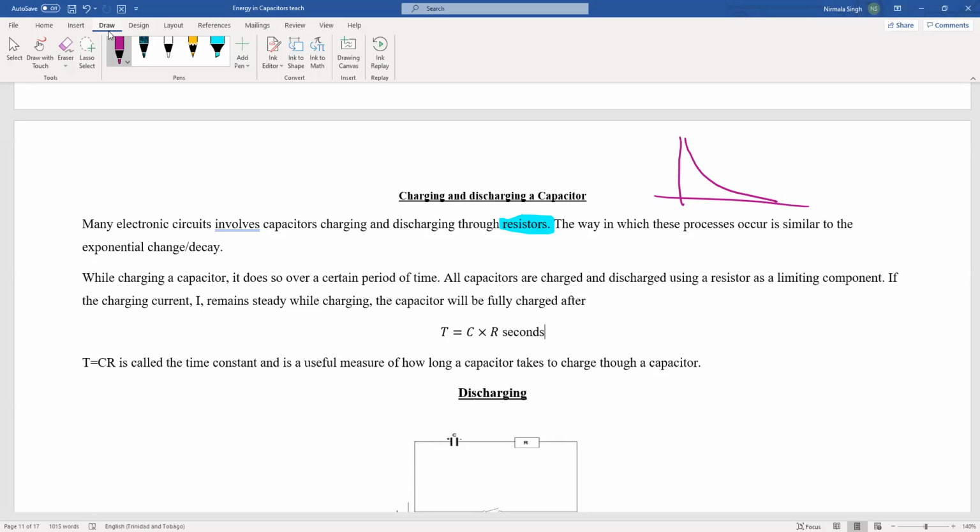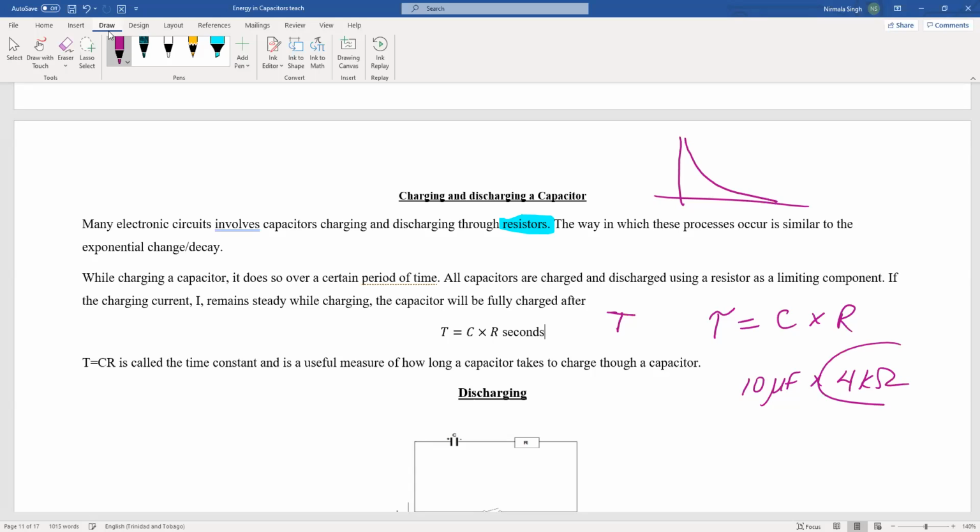Our time constant, or the time it takes to charge a capacitor, is usually not a capital T. It's a Greek letter tau, but it looks like a T. So tau is equal to the capacitance, say 10 microfarads, multiplied by your resistance, say 4 kilo ohms.